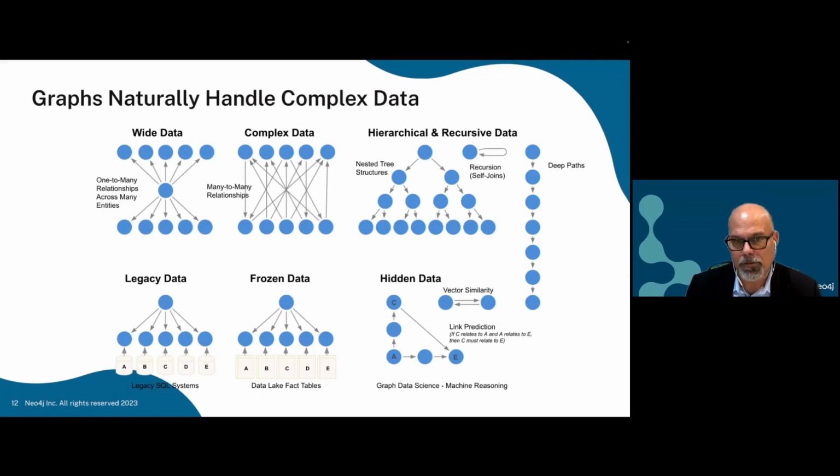Graphs also handle complex data where there's lots of many-to-many relationships across data points. And then, as I mentioned earlier, anything that is hierarchical or recursive or requires deep pathing, like routing or bills of material, all of that kind of data can be easily represented in a graph and easily and quickly analyzed.